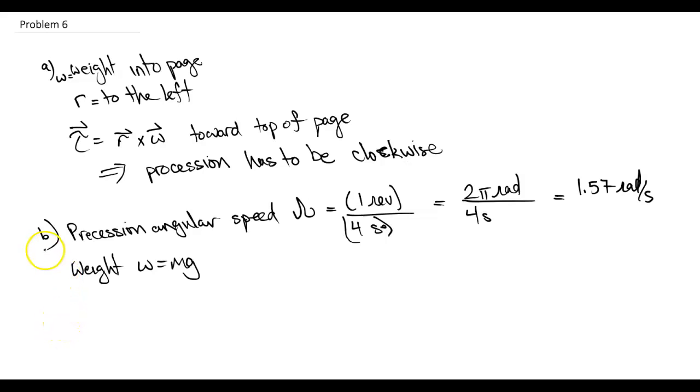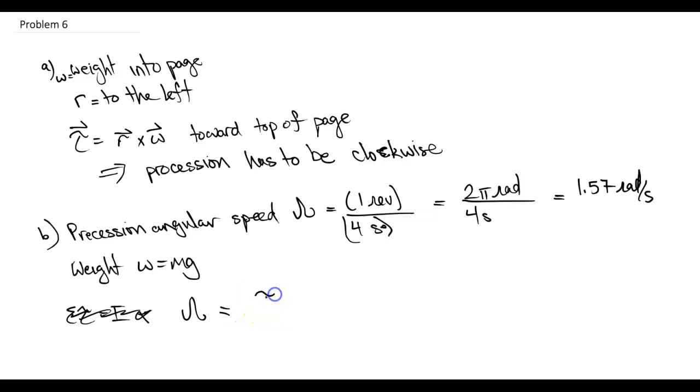So if we use the sum of the torques equals I alpha, where we can say that instead of using I alpha, let's use the definition of what omega is.